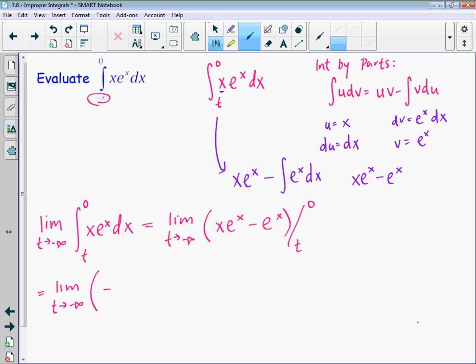Negative 1. Okay, so plugging 0 in, I get negative 1. And then subtract, and plugging t in, we just replace the x's with t's. Okay, so we got to take the limit of this.